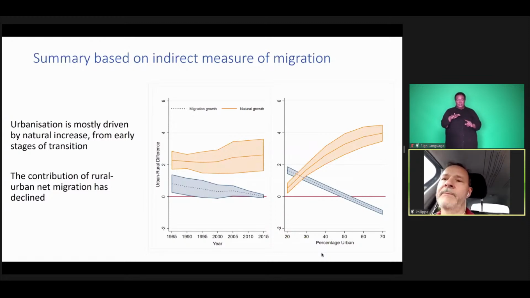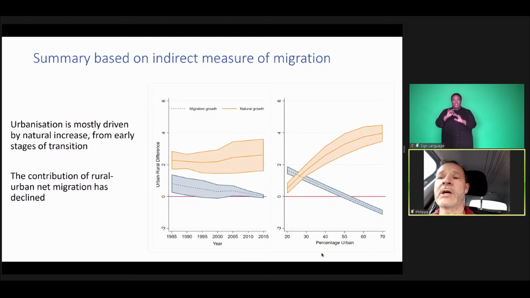And when we look at the right-hand side, we see that the contribution of migration is higher when the percentage urban is low, but it becomes negative after the percentage urban becomes higher than 50%, whereas the natural growth is always positive and actually increasing as the percentage urban is increasing.